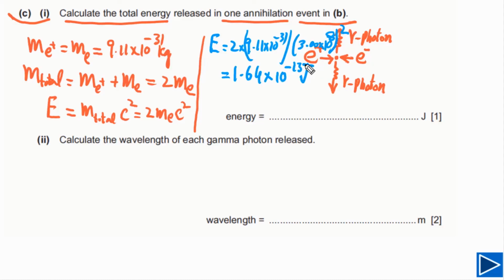This is the total energy produced in this process.